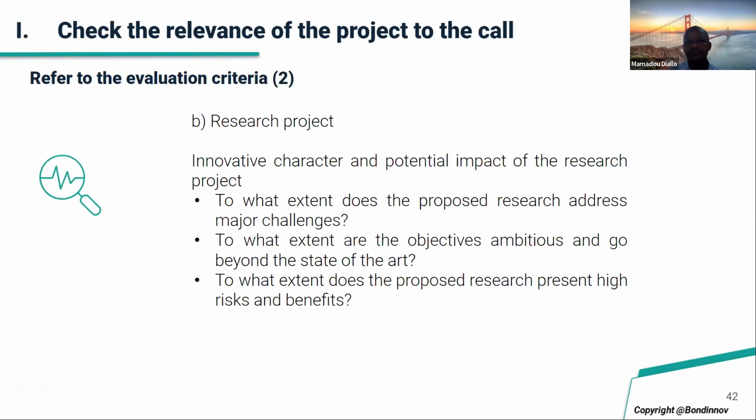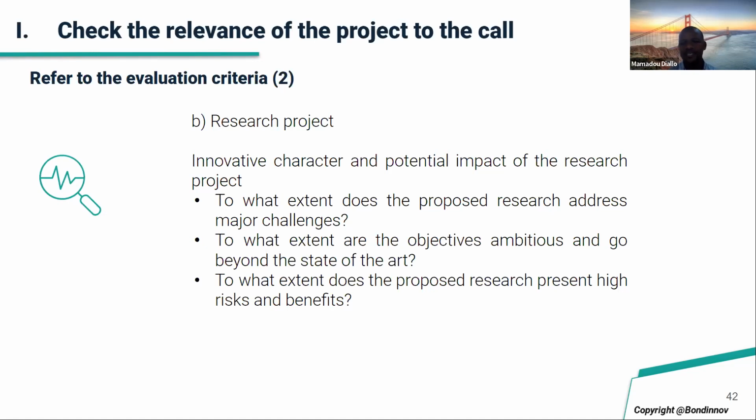And the evaluation criteria will be based on innovative character and potential impact of the research project. Also, to what extent does the proposed research address major challenges? To what extent are the objectives ambitious and go beyond the state of the art? To what extent does the proposed research present high risk and benefit?